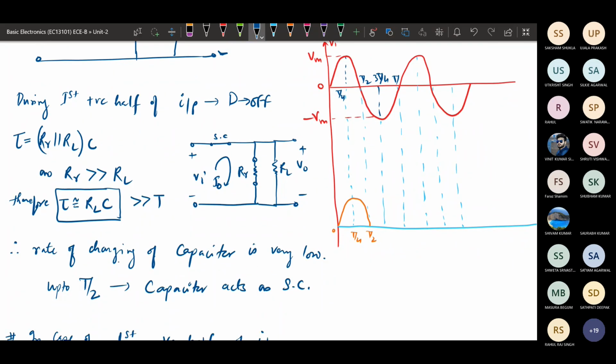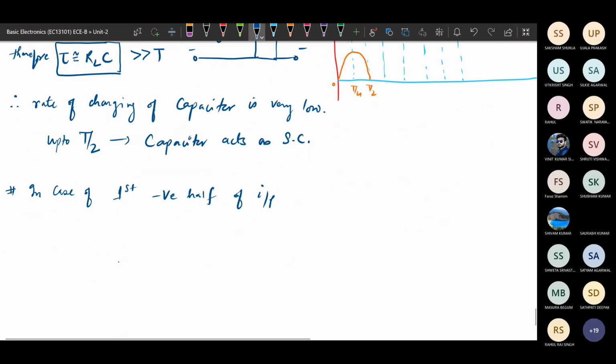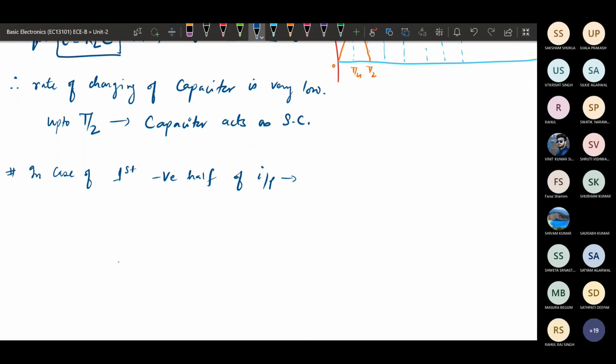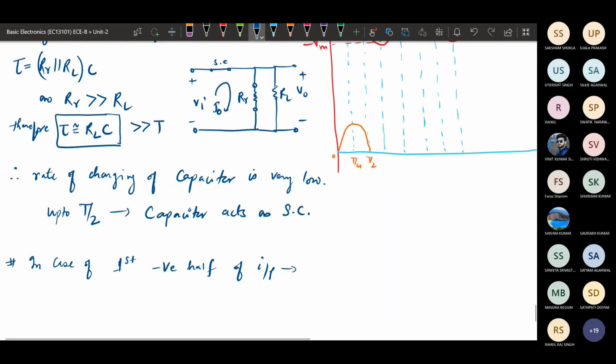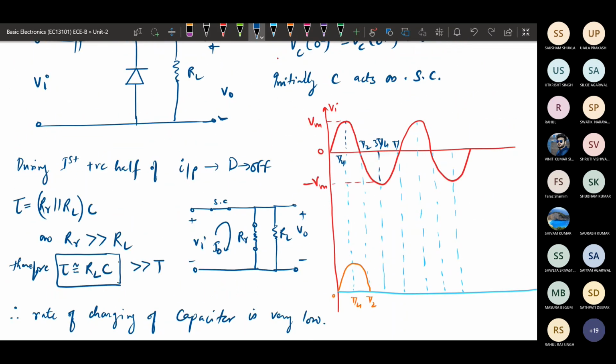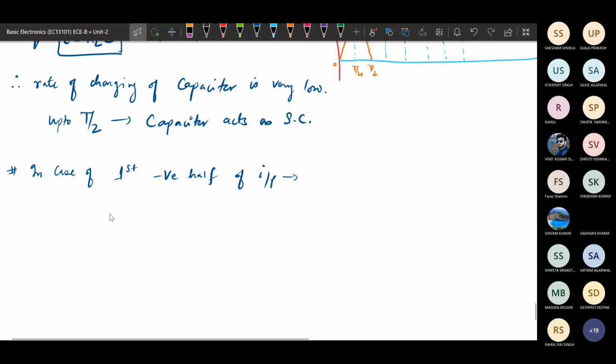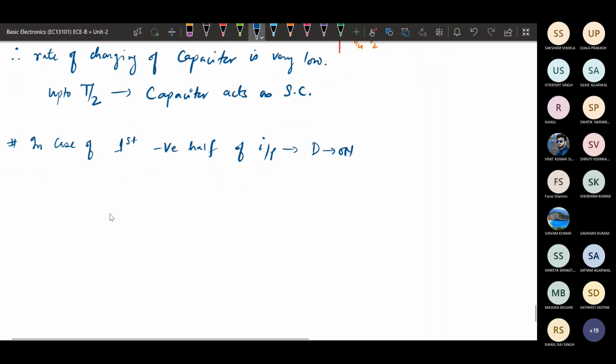This is the first negative half. In the first negative half of the input, what happens is that the capacitor has now charged and the diode will be on, because of its direction, you can just see. If we apply the negative, with negative and positive as here, then the diode will be on.